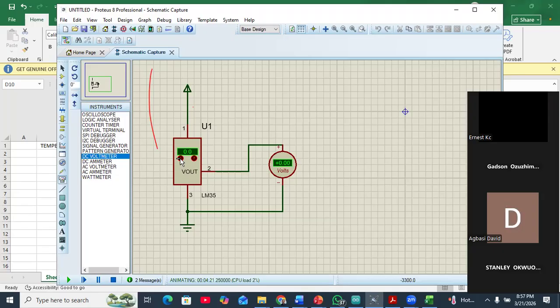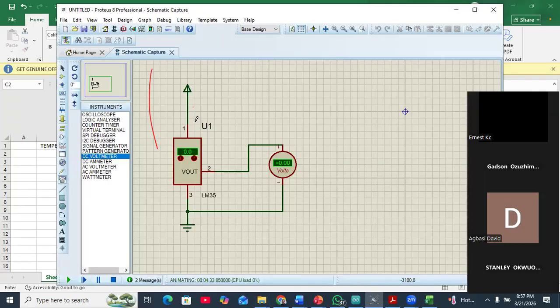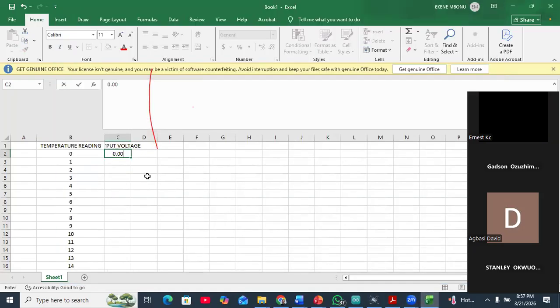When the temperature is 0, what is the output voltage here? 0.0. Also zero. So with 0.00, when it is 1, what is it? 0.01.